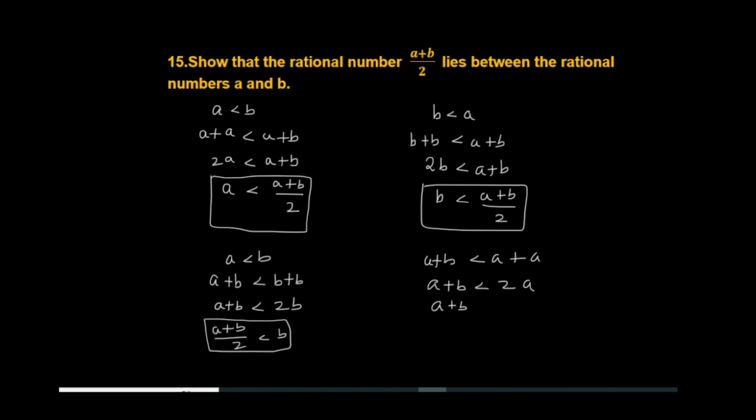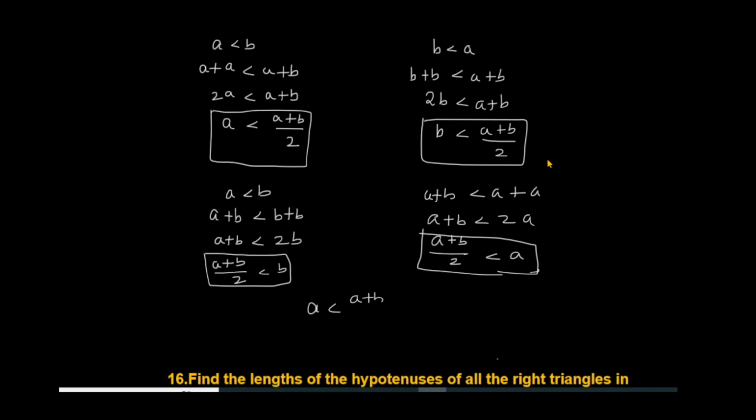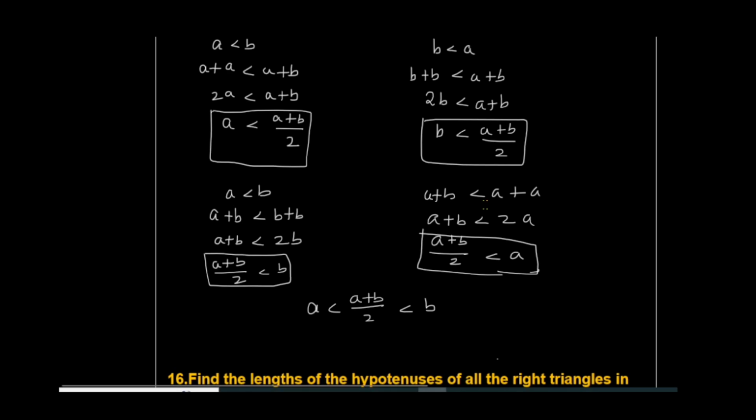So (a plus b) by 2 is less than a. So when a is less than b or b is less than a, whatever it may be, a is less than (a plus b) by 2 is less than b. So (a plus b) by 2 lies in between a and b.